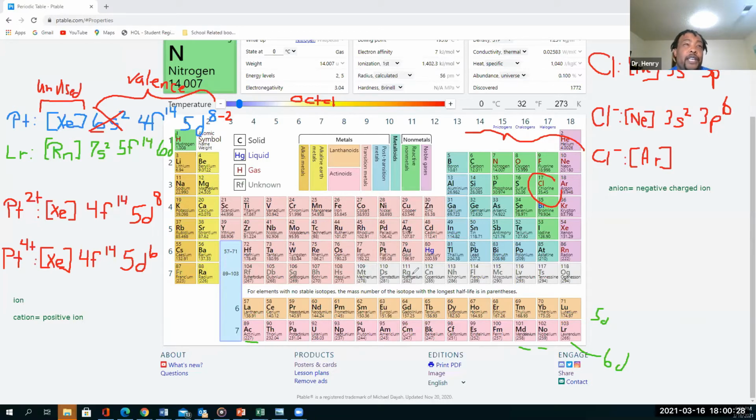Either things are going to be taken away from you, or things are going to be given to you. Now, all metals like to be positive. Non-metals like to be negative because they're closer to the noble gases. The metals are farther away from the noble gases, so it's easier for the metals to have things removed, where for non-metals it's the other way around. Does that make sense? Yeah, that makes sense.